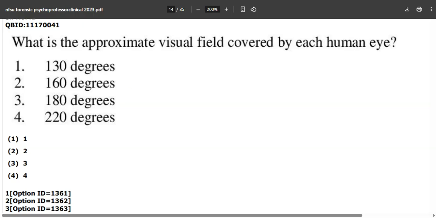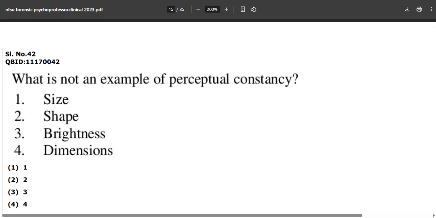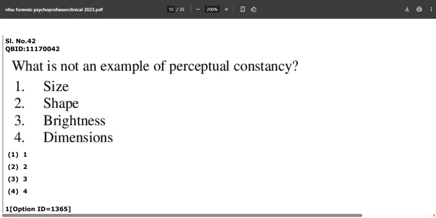Okay. Now moving forward to the next question, which is going to be once again an easy one. This question has been taken from, don't worry, it will come in your clinical psychology as well. Forensic and clinical questions are majorly approximately similar, and we will finish this part on those lines.